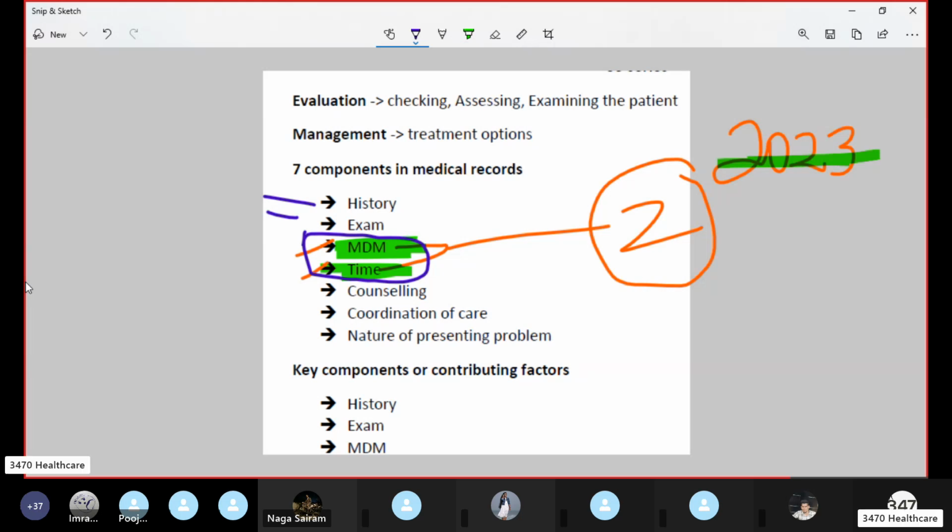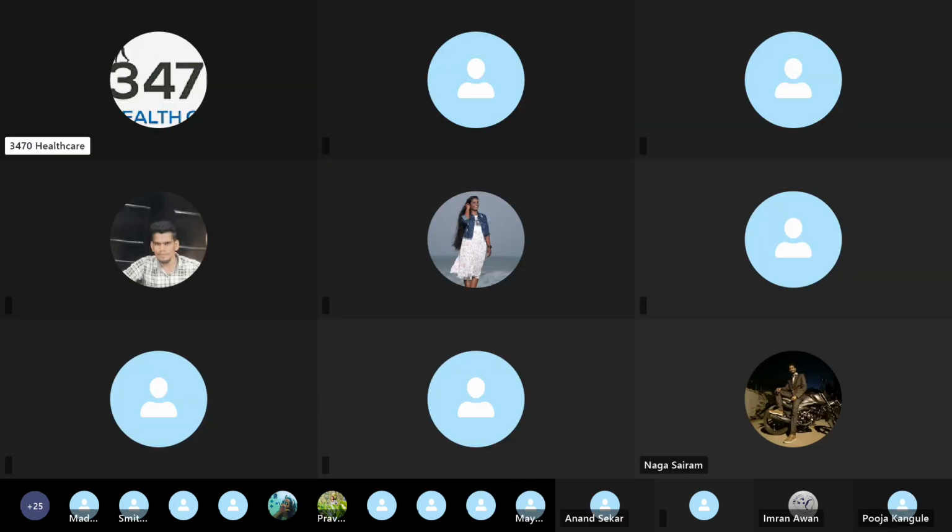That is the MDM. So this MDM is what diagnosis is present and what treatment is given.